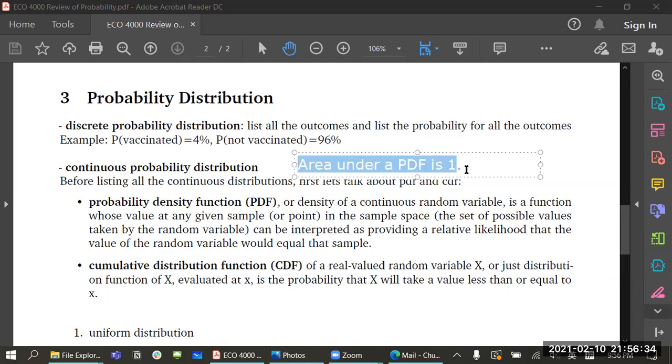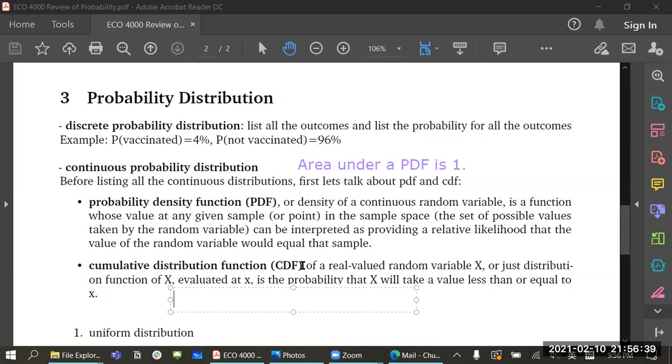Since the area under PDF is 1, we can also say the left side of CDF is 0, the right side of CDF is 1. So what is CDF? CDF is cumulative distribution. At every point, the value of CDF represents the area at the left side.